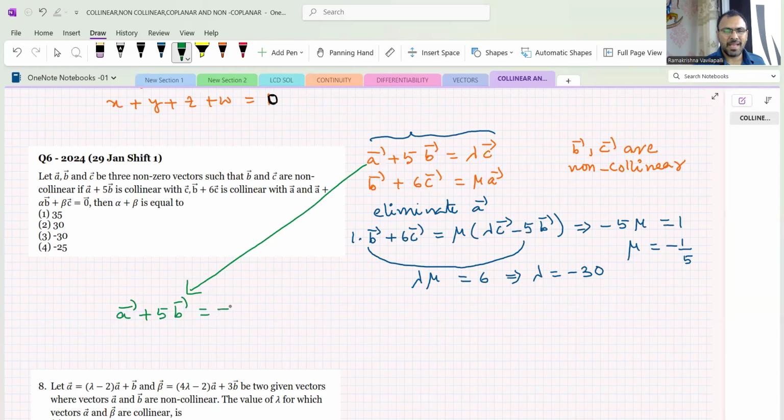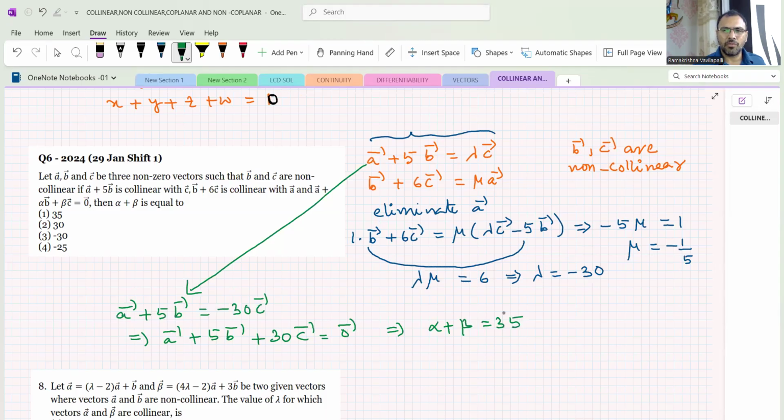That's equal to minus 30 C bar. Implies A bar plus 5B bar plus 30 C bar equal to 0 bar. So this implies alpha plus beta equal to 35.